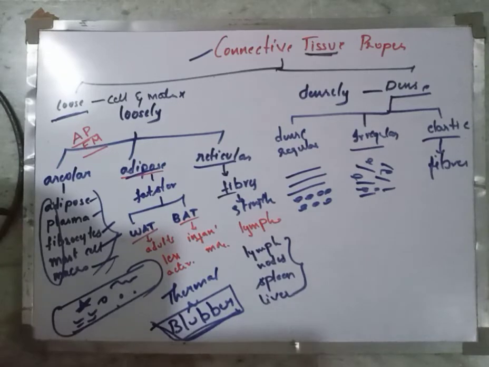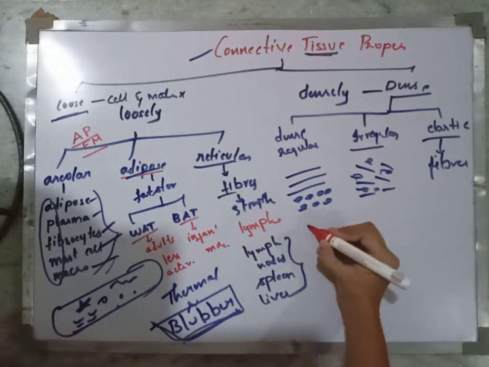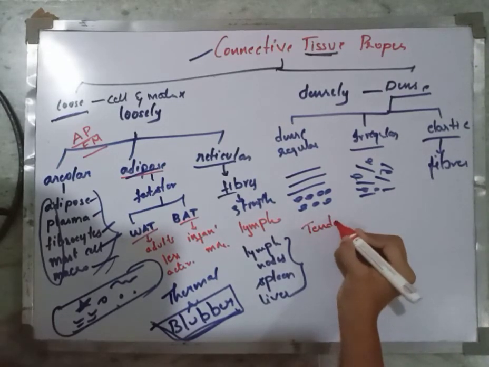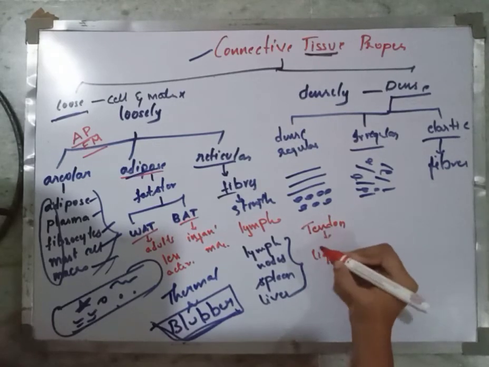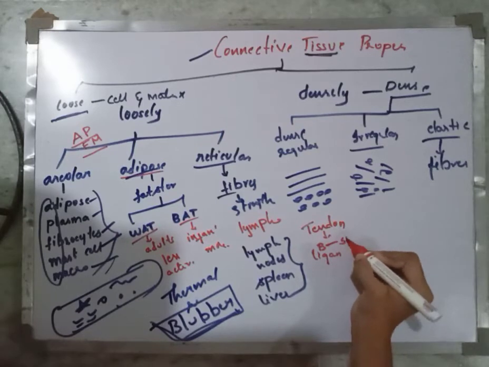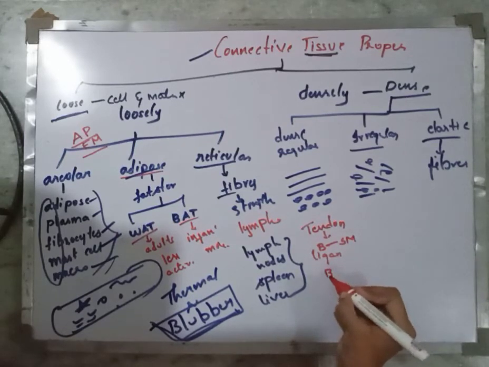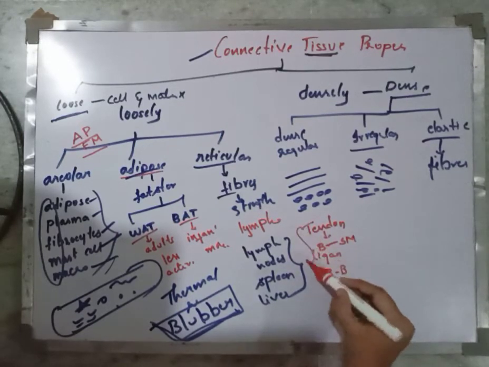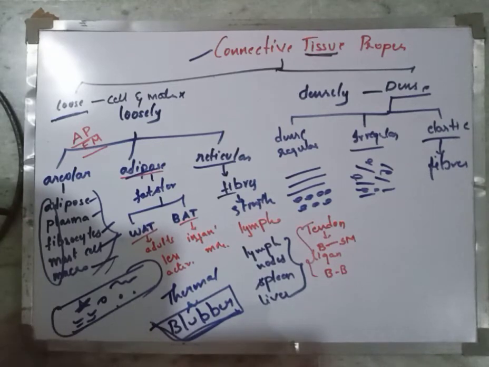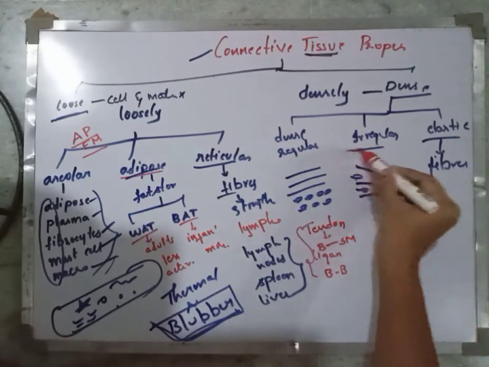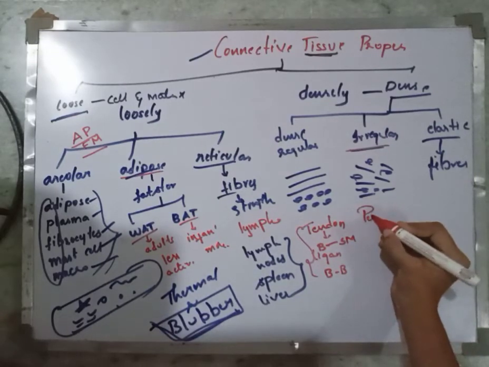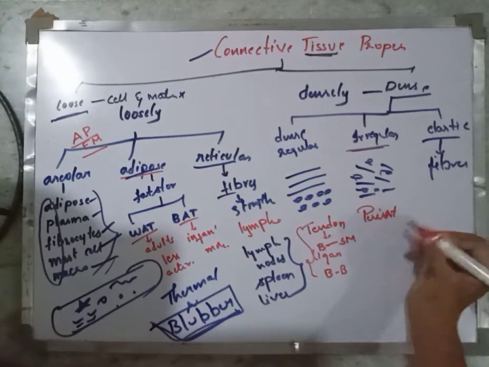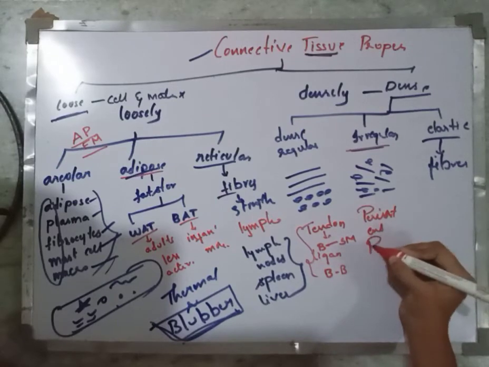The examples of dense regular tissue are tendon and ligament. Tendon connects bone to skeletal muscle, whereas the ligament connects bone to bone. Whereas the examples of dense irregular tissue are periosteum, endosteum and pericardium.